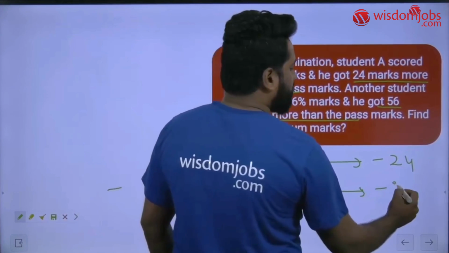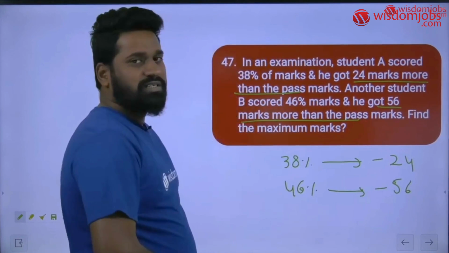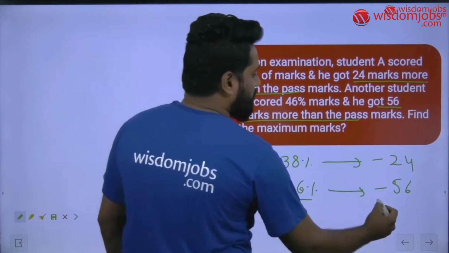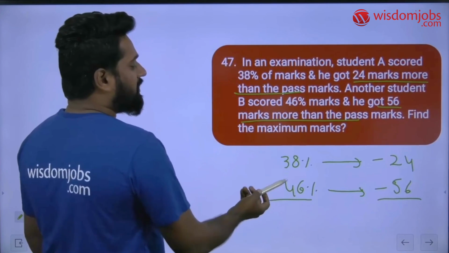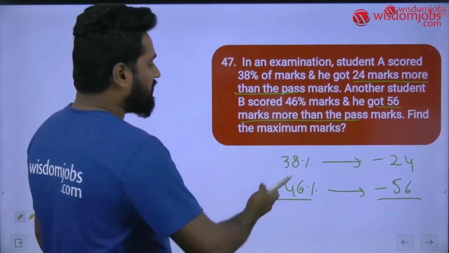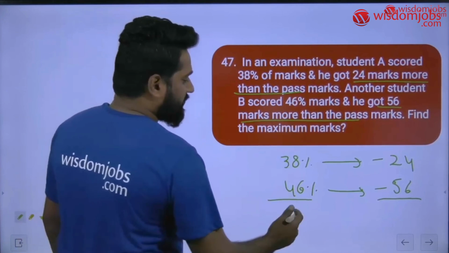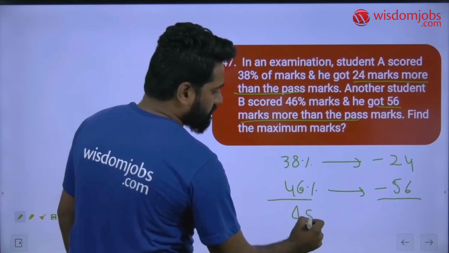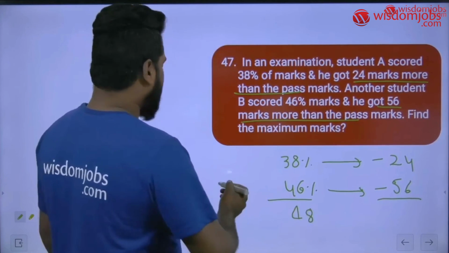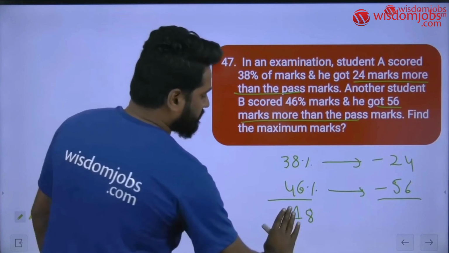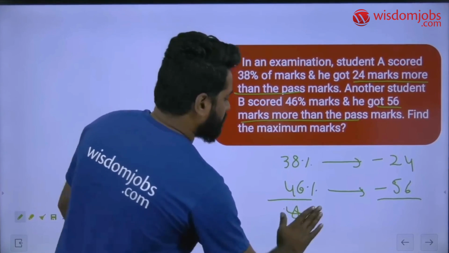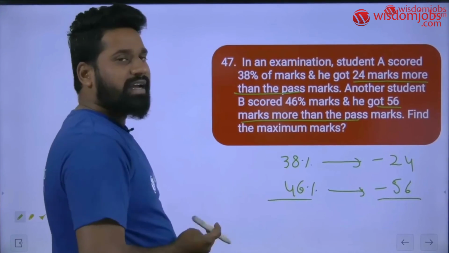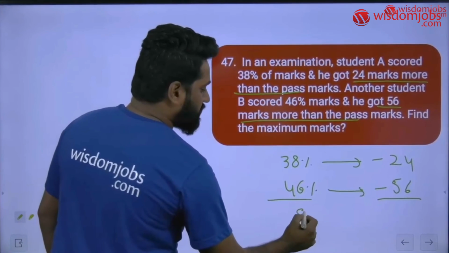Again you have to subtract 56 from that. That represents again the pass marks of the examination. Now observe the difference, 38 and 46. Sorry, 8 marks is the difference. So 38 and 46, that indicates 8%.